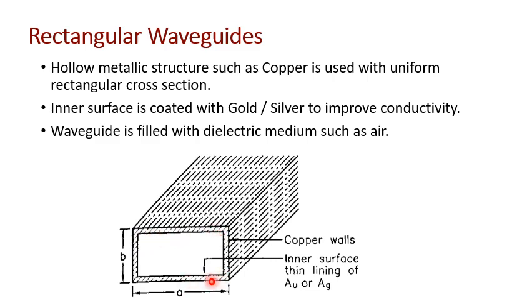This is done to improve the conductivity and minimize the losses as the wave propagates. The waveguide is filled with a dielectric medium such as air, and here you can see the dimensions of the waveguide along the x and y directions are given, and here we can assume that the wave is propagating in the z direction.